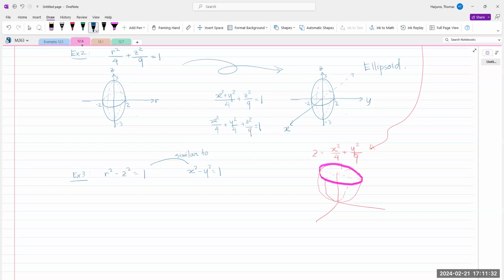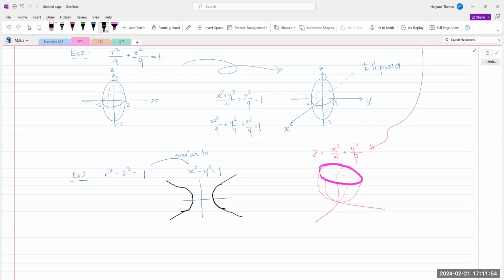Okay? x squared minus y squared looks like a hyperbola open in the x direction. Like this. Okay? And it has asymptotes. I hope you remember that.